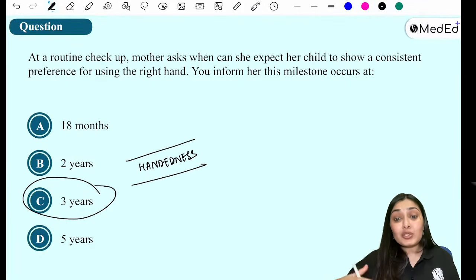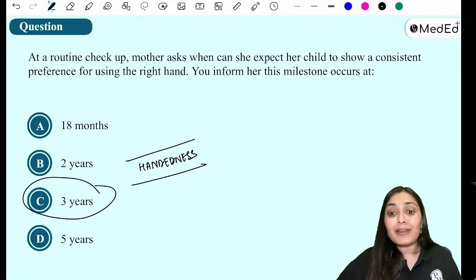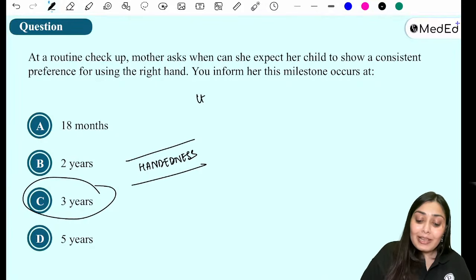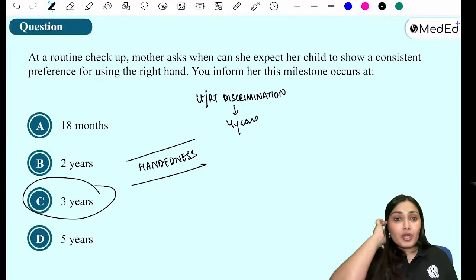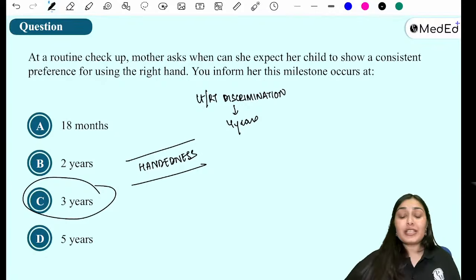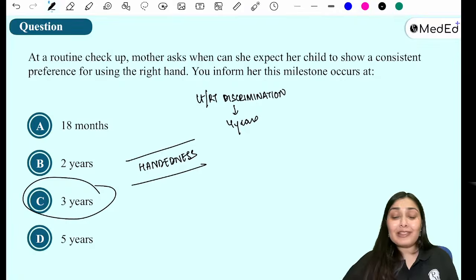If the child starts using right hand more than the left, this is handedness. But when the child is able to differentiate that this is right, this is left, that is left to right discrimination. It comes by 4 years of age, right? So this is the basic concept, the developmental milestones they're anyways going to ask.